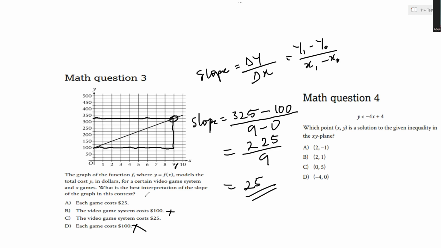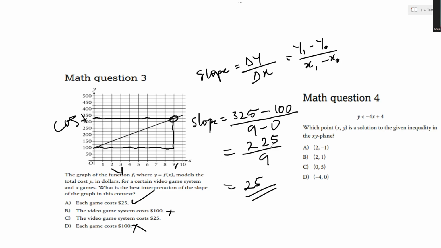So the best option to this particular question is A. Each game costs $25, not the video game costing, because this is the number of video games, and this is the cost. So picking C would imply that we're looking at the number of video games to the cost, whereas we're supposed to look at the cost to the number of video games. So that is it about this particular question.